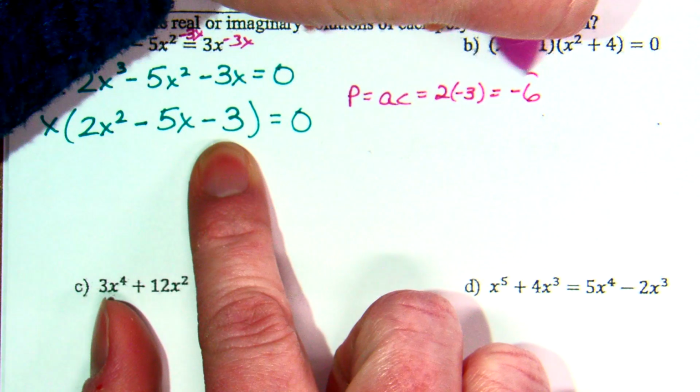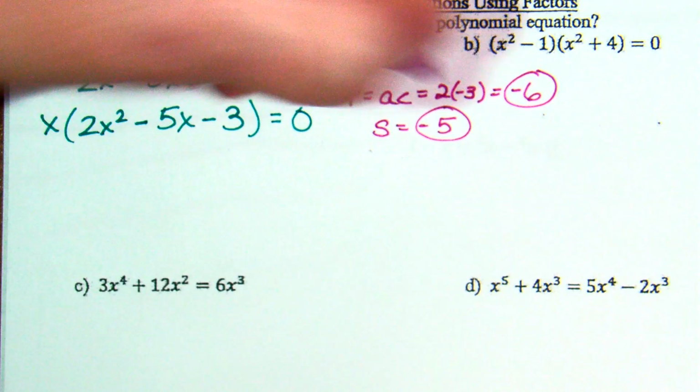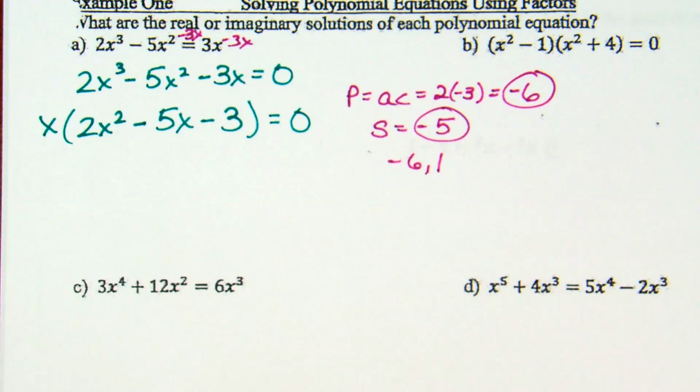I'm doing a product of negative 6 and a sum of negative 5. What multiplies to be negative 6 and adds to be negative 5? Okay. Negative 6, positive 1. Now, okay guys, here's the trick.